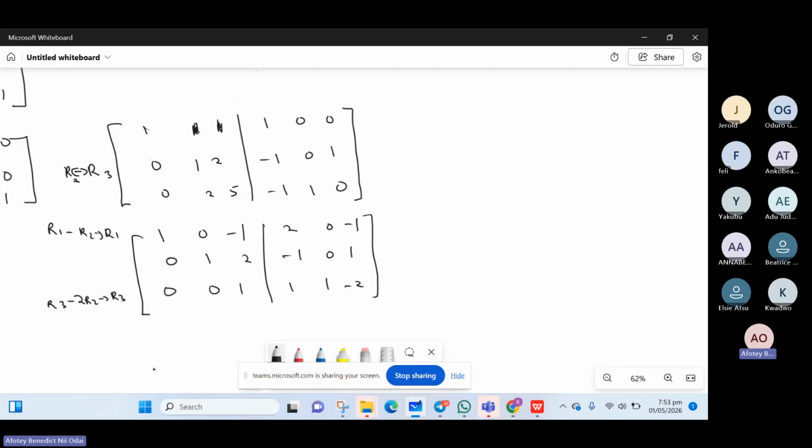We can basically do R1 plus R3, which will give us R1, because we want to get rid of this one as well, right? So we've changed R1, so we are not using R1 anymore. And we've gotten our last row, so it's not changing.